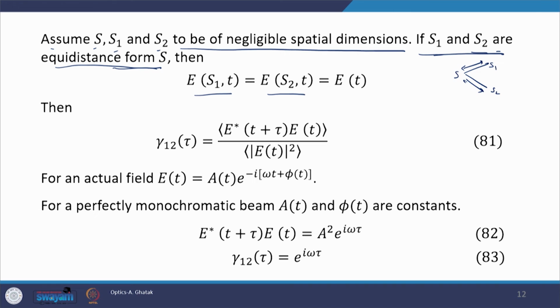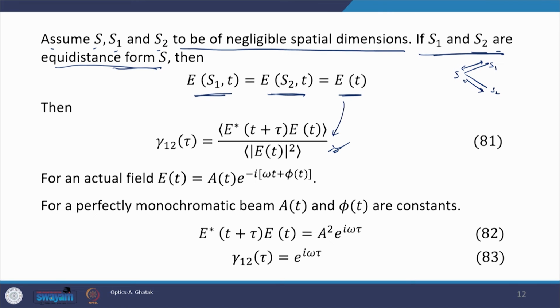Let us assume that this is equal to E(t). Therefore, the previous expression of gamma 12 again gets simplified, and this is the expression. Here we have dropped S1 and S2, or E1 and E2, with a much simpler expression.